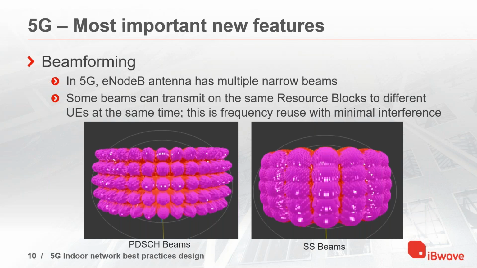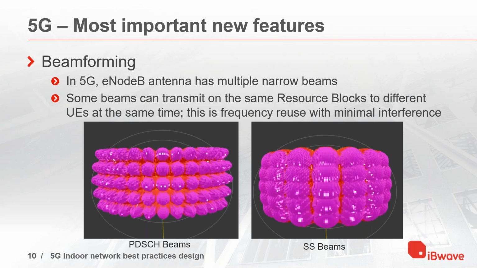SS beams are more of a beacon type of beam. You try to catch as many UEs as you can within this one beam. And then once you catch several UEs in that wide SS beam, you can use PDSCH beams to refine the position of a particular UE.